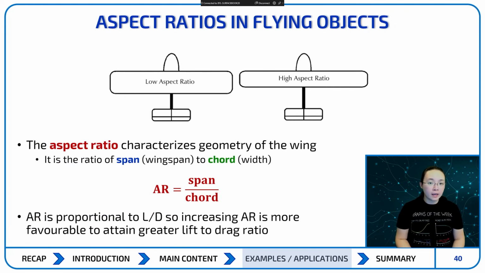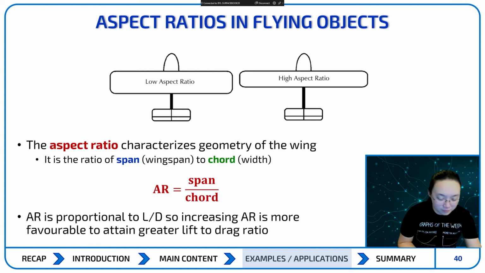When we take a look at aspect ratios in flying objects, we now have to consider an object that has a really long wing or an object that has a really short wing. The thickness of the wing matters as well. A low aspect ratio means it's getting closer and closer to becoming a square. A high aspect ratio means it's getting closer and closer to being long, just like a rod.